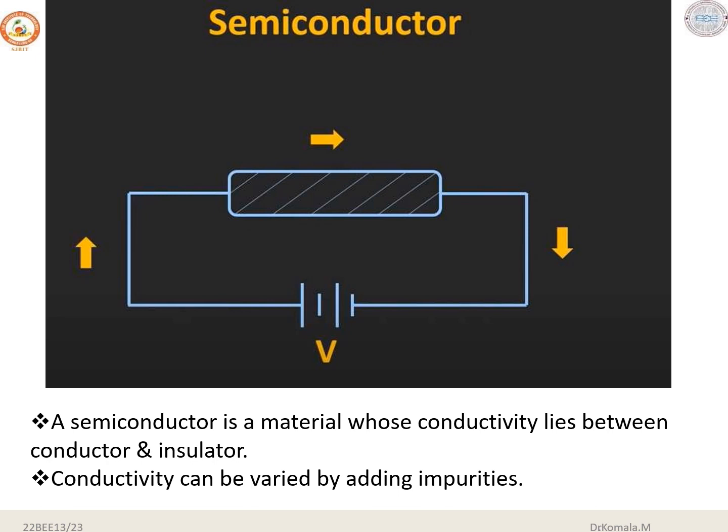So how is it possible that a semiconductor can be manufactured? The conductivity of semiconductors can be varied by adding impurities, which is carried out by the process of doping.